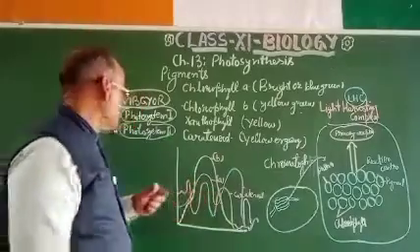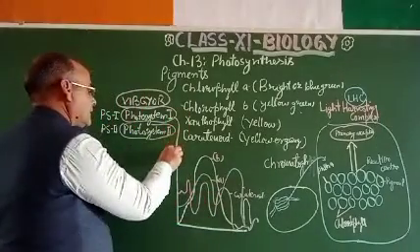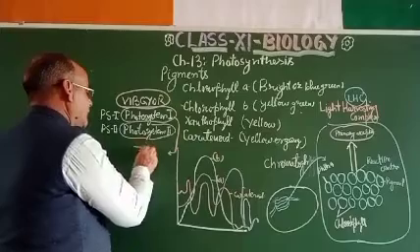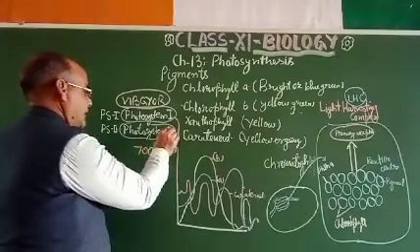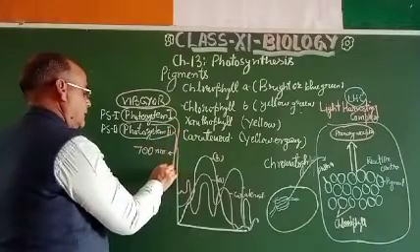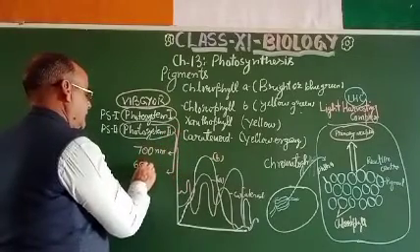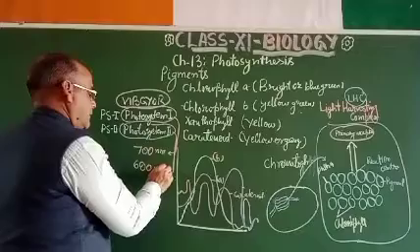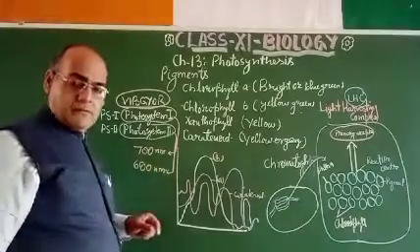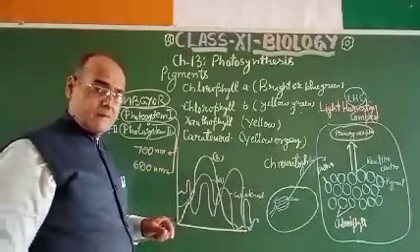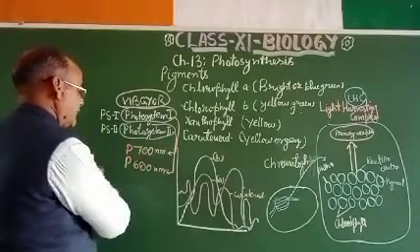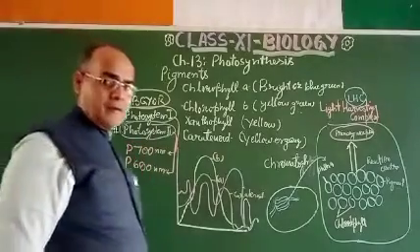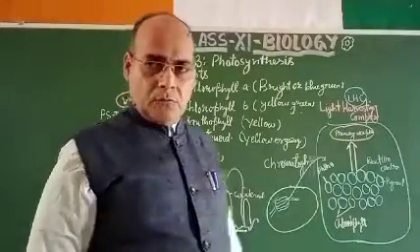In PS1, 700 nanometer wavelength will be there, and in this, 680 nanometer wavelength will be there. Means P700 and P680. So if you are looking at these words, don't be confused.